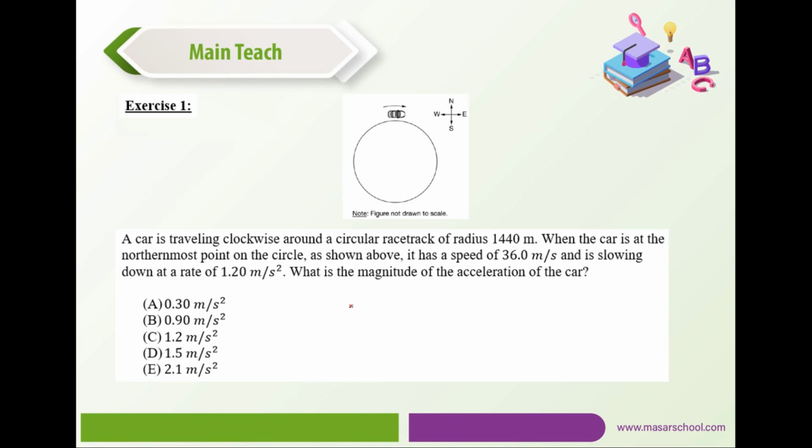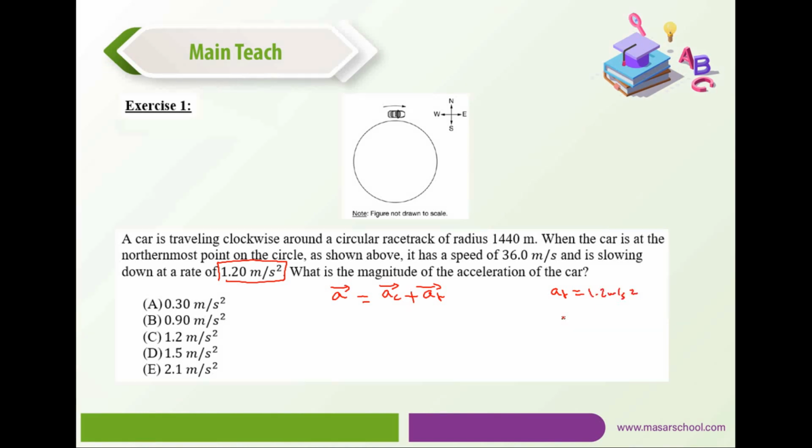We know that along circular motion, the total acceleration is due to the centripetal plus the tangential. They gave us the magnitude of the tangential, because the tangential is about slowing down or speeding up, and it is 1.2 meters per second square.